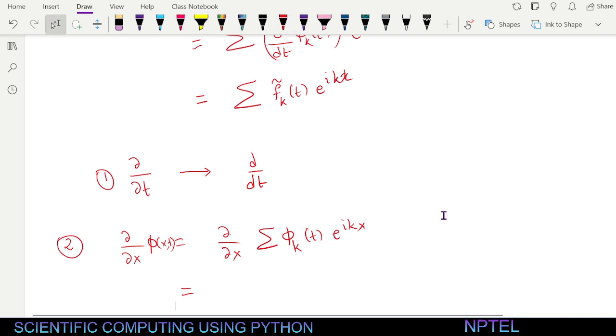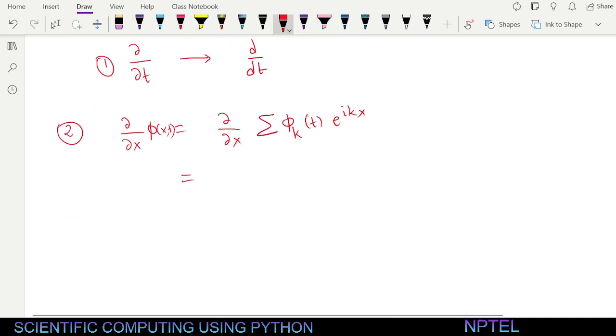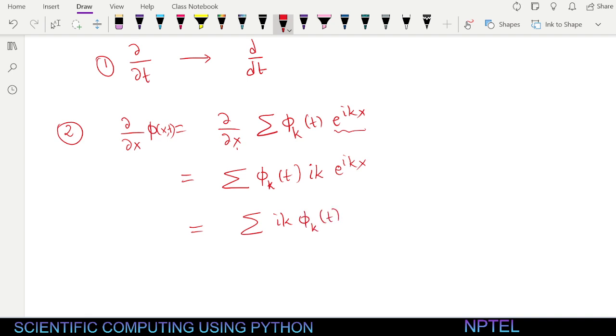And this becomes, now I'll not write all the steps, but phi k t is just constant as far as x is concerned. And the differentiation of this with respect to x is just ik times e to the power ikx. So it just becomes ik times phi k t e to the power ikx.